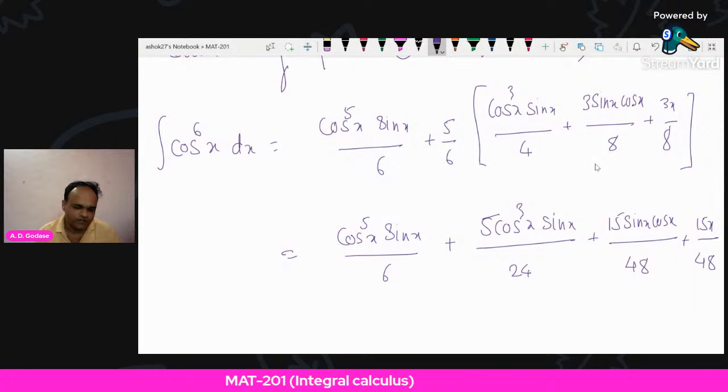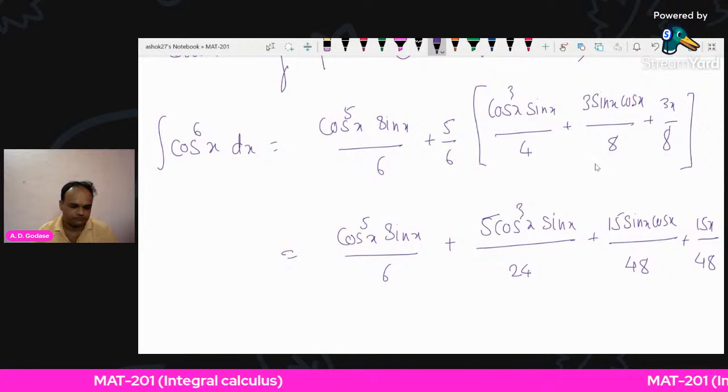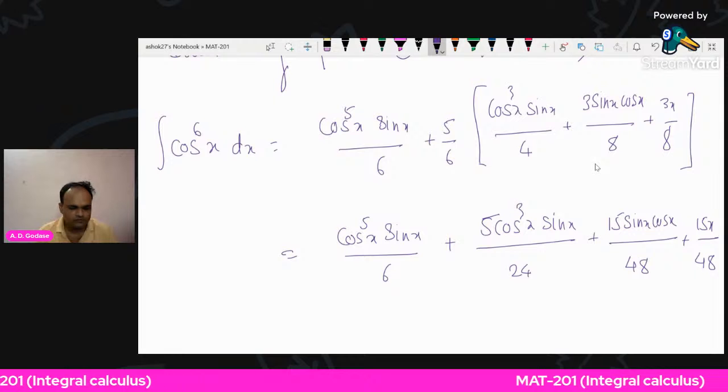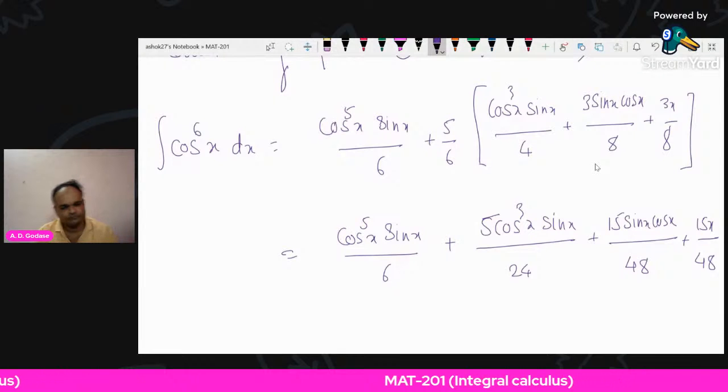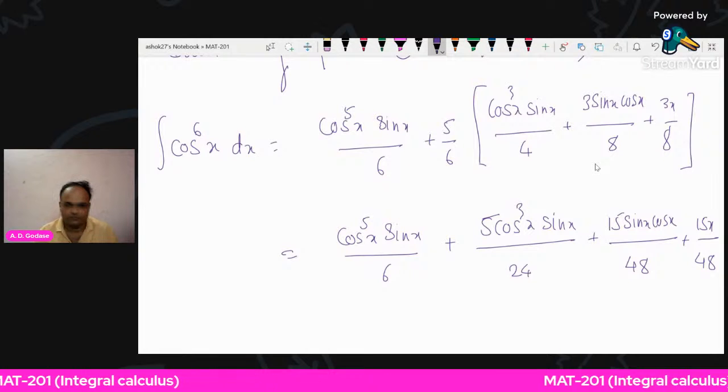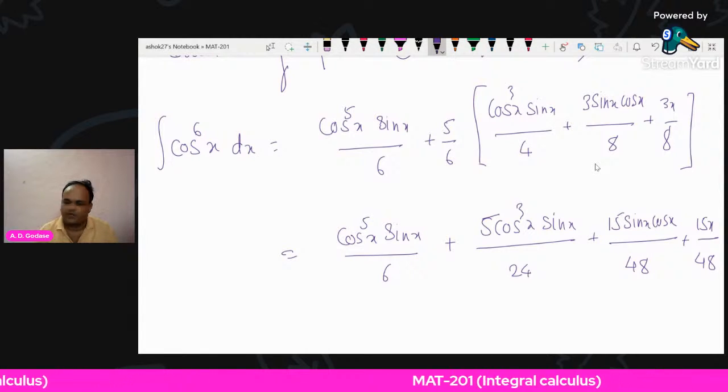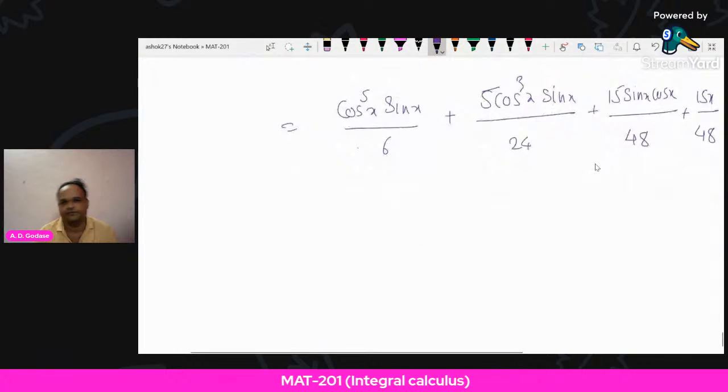So this will be the required value of the integration. This is the required answer we can write.